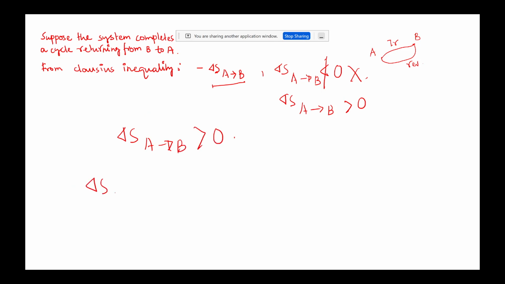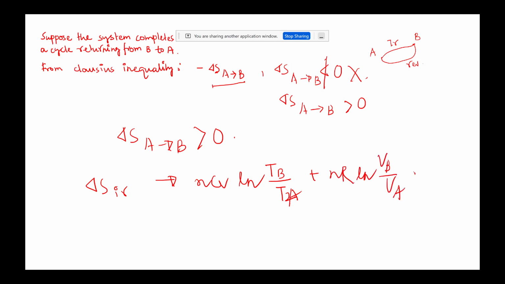In fact, this delta S irreversible is written as eta CV ln TB by TA plus NR ln VB by VA. Okay.